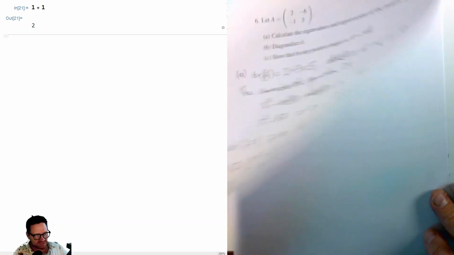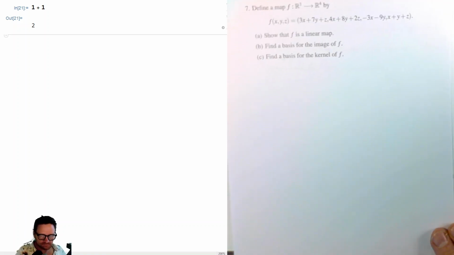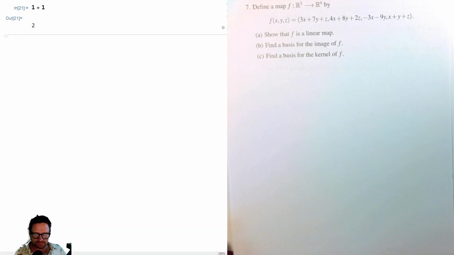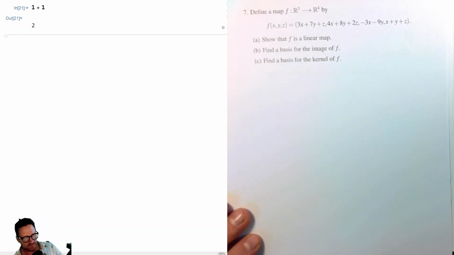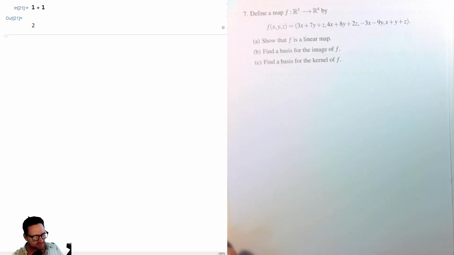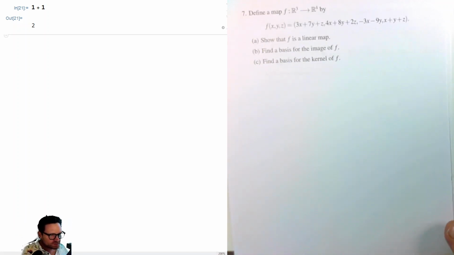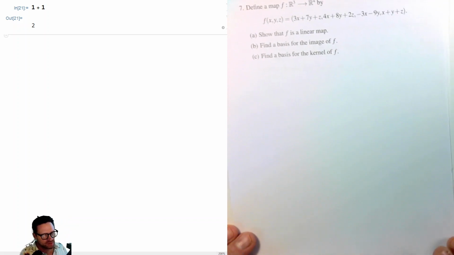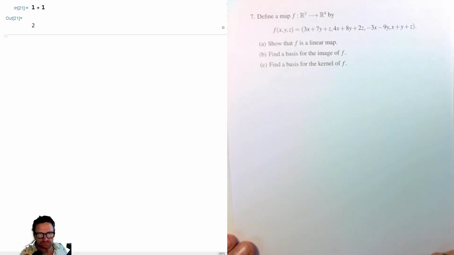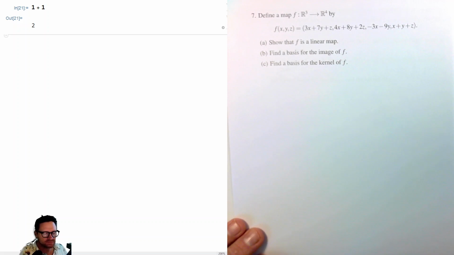Let's move on to question 7. Okay, so we've got a map from R3 to R4. Show that it's a linear map.